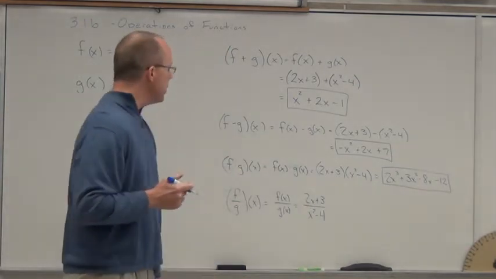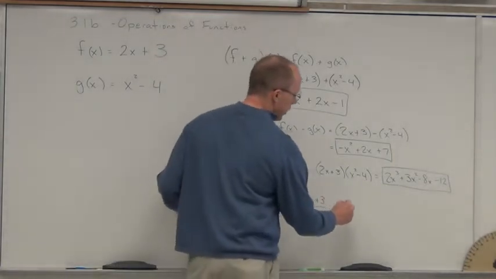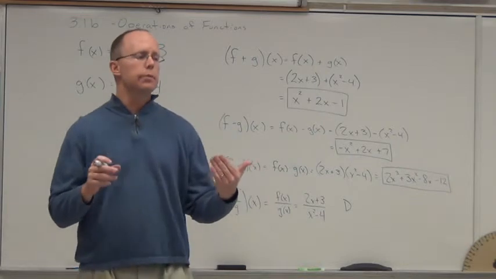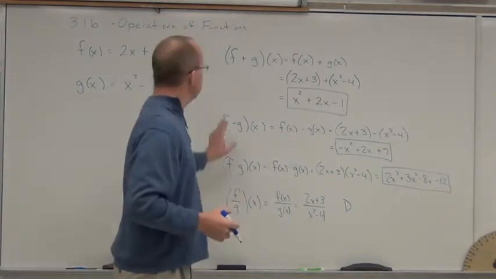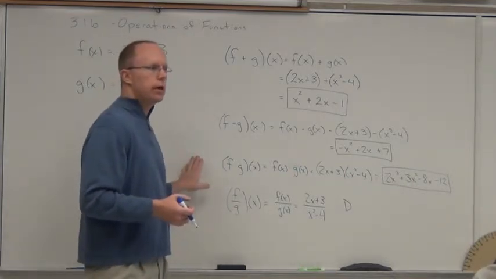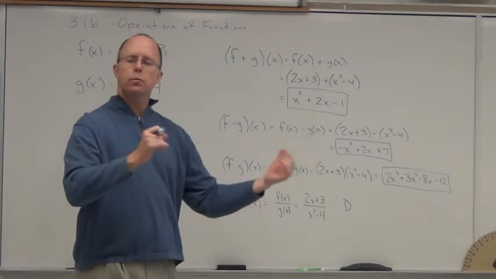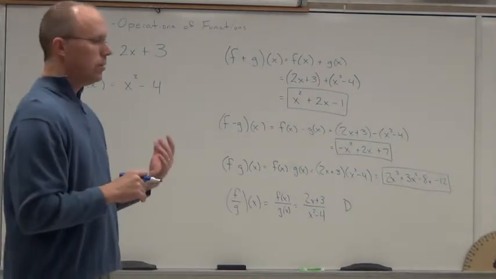Now, the other thing that we have to do with the division is identify our domain. On your assignment, the book's going to tell you to find the domain of all 4 of these. These first 3 are going to be all real numbers for what you're doing. So just find the domain of this last part. And that goes back to what we did yesterday. So just x squared minus 4 goes.